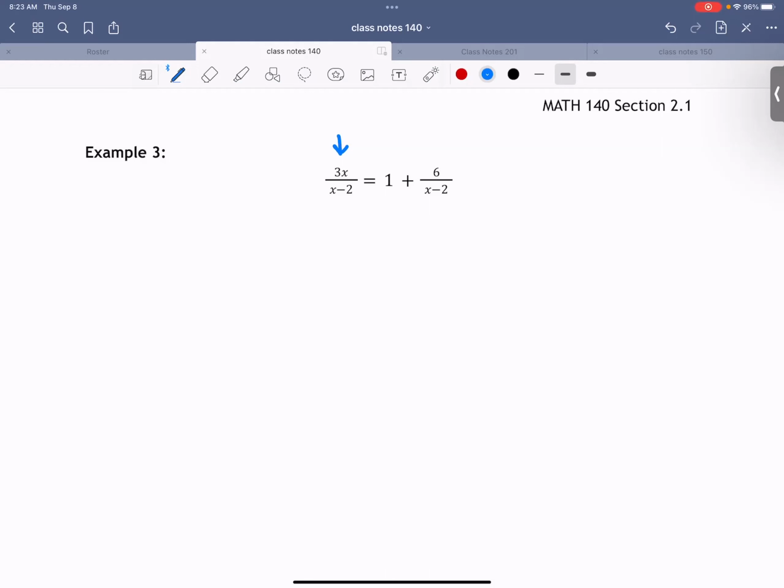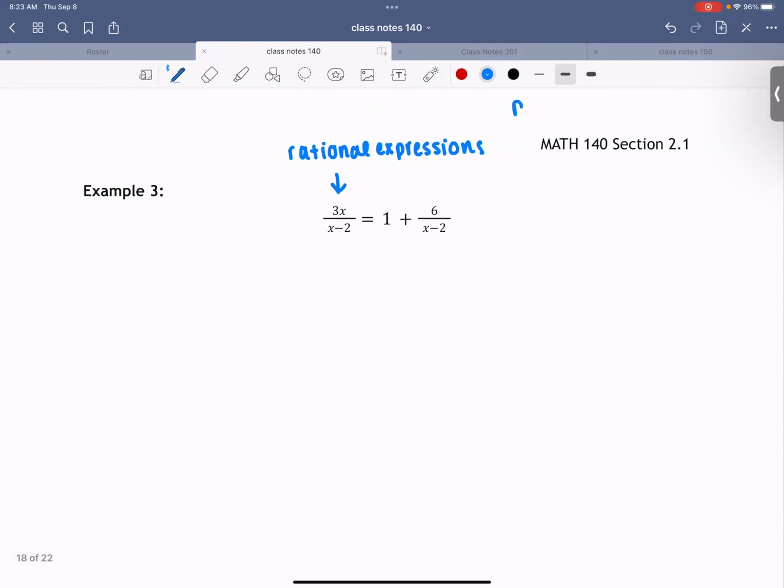These are called rational expressions. Okay, and all that means is we have a polynomial over a polynomial, so poly over poly. So I guess the 6 over x minus 2 is also a rational expression, okay?